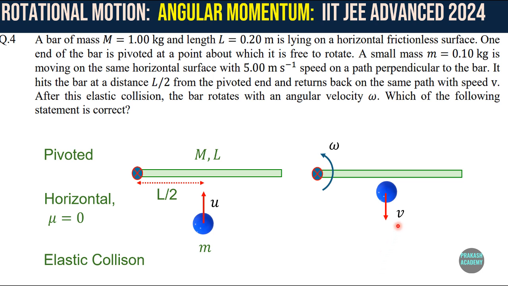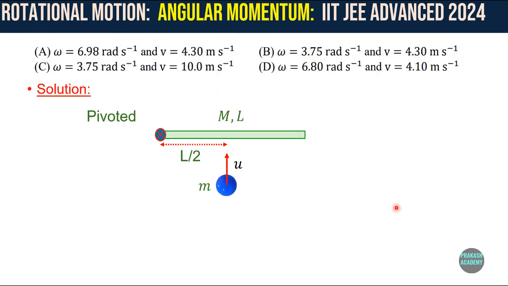This time the speed is v, initially it was u. So there is a change in velocity of the ball. We have to find what is the value of omega and what is the value of v. Basically 4 options are given and you have to choose the correct option.